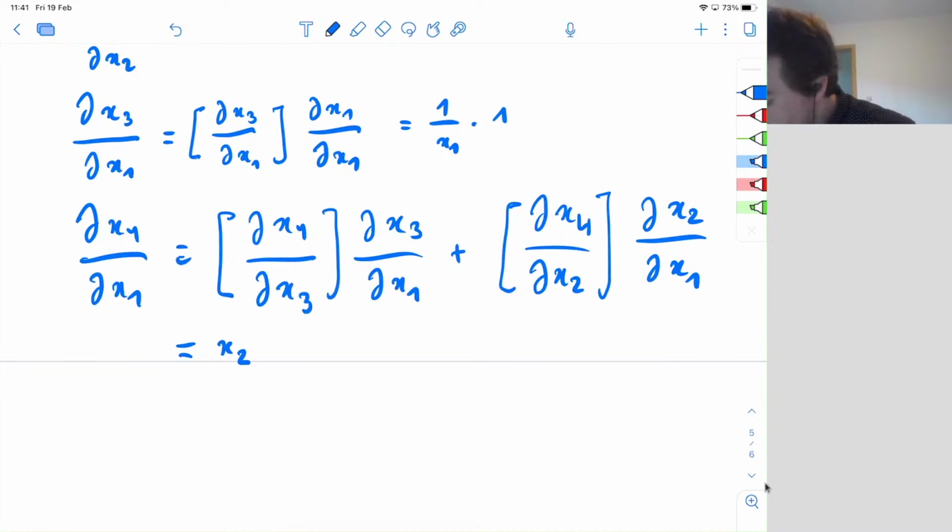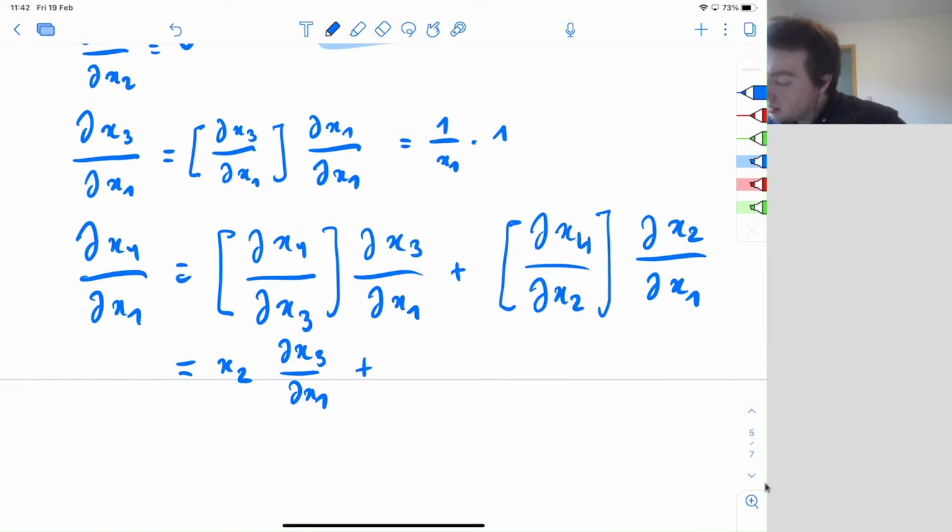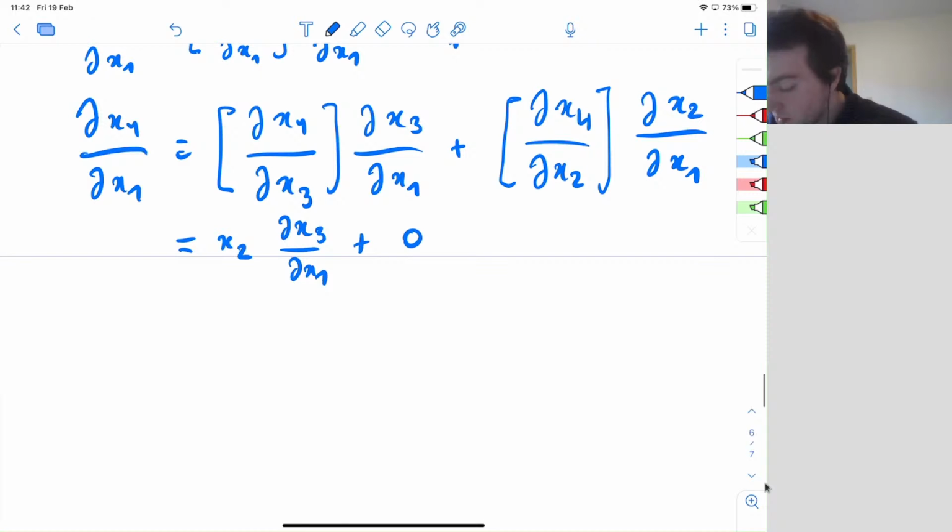So this is equal to x2 times this, which is that. Right? So I will just keep it there, times x3, plus, now we have to compute this, but from the initialization we do know that this guy is equal to 0, right? So the whole thing is equal to 0, and that's it. Plus 0. Okay, moving on.